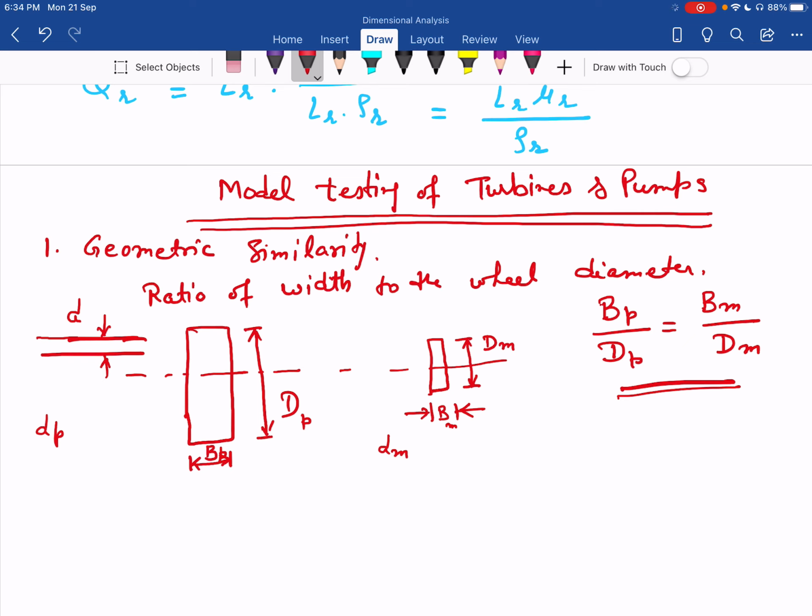Further, you can write the ratio dp to Dp is equal to dm to Dm. So the ratio of jet diameter to the runner diameter is again constant. All these ratios are kept constant to maintain geometric similarity in the turbines and the pumps.